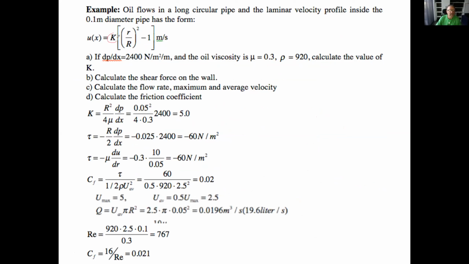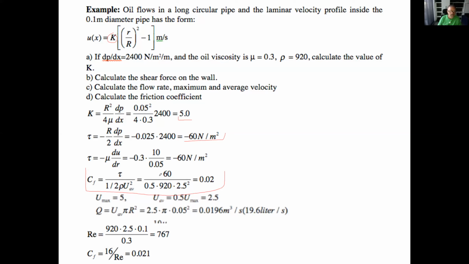You should recognize that this is the maximum velocity, and then you calculate what's the maximum velocity. It turns out it's going to be 5. What is the shear? You use the regular formula for the shear. And the more important is how much is the friction coefficient. So we go by the original definition in this particular case. Of course, you could do 16 over Reynolds.